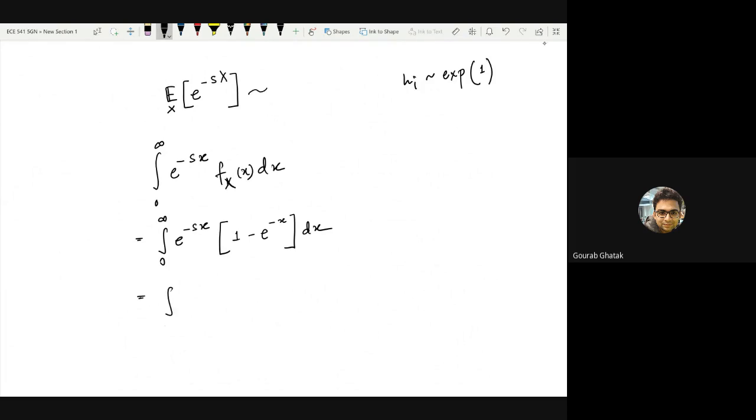So can you guys evaluate this? e to the minus sx times e to the power minus x, dx. Okay, I'll wait for 1 minute probably while you calculate this.